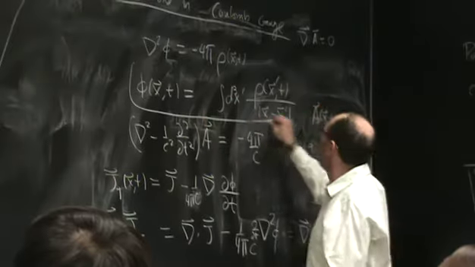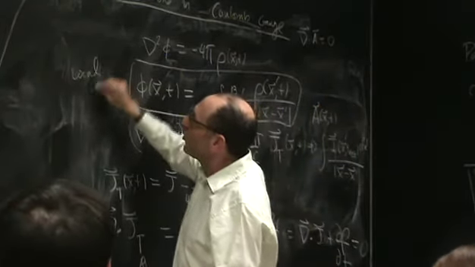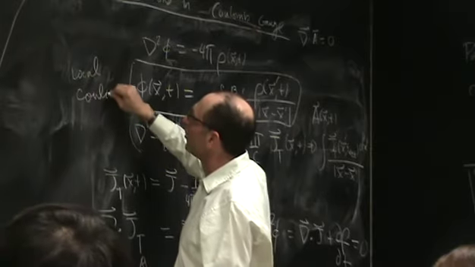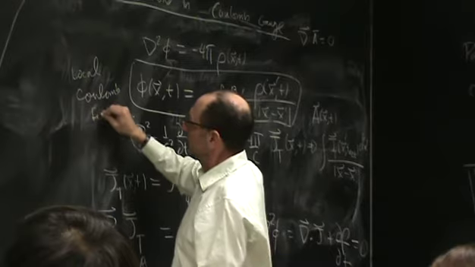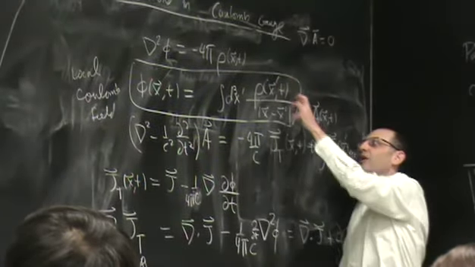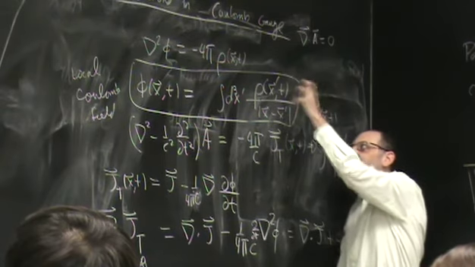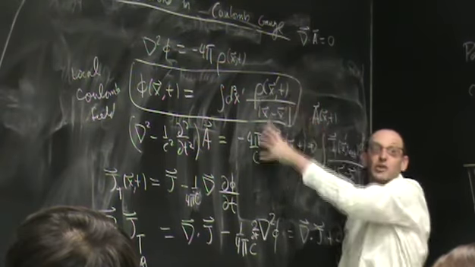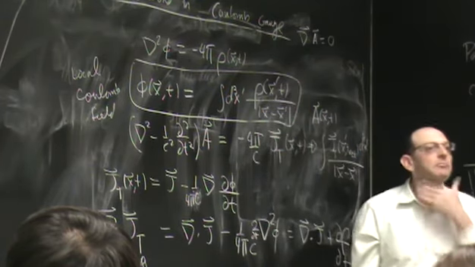Notice this is nothing more than the local Coulomb field, which is why it's called the Coulomb gauge. In other words, if I just had a source that was a charge density at some time t, and I asked you what is the electrostatic potential about that, this is what you plug in, with that being the source at that time.